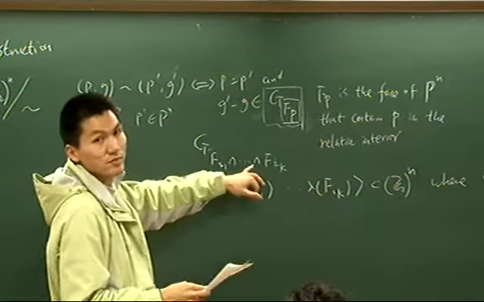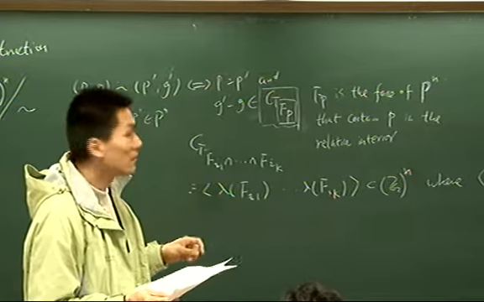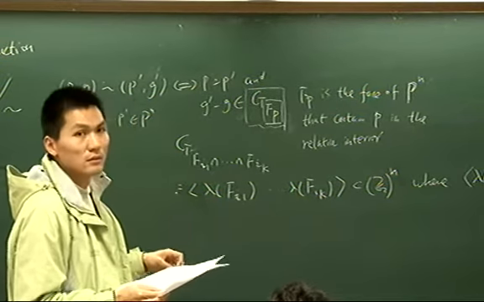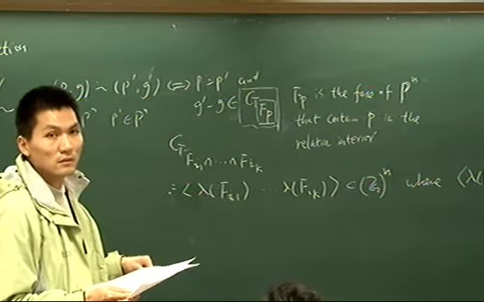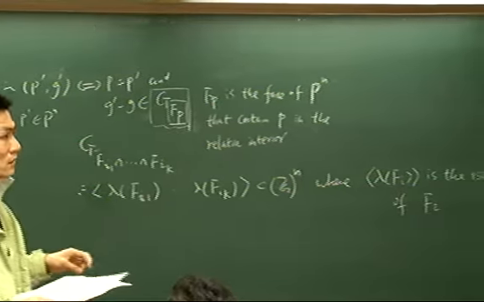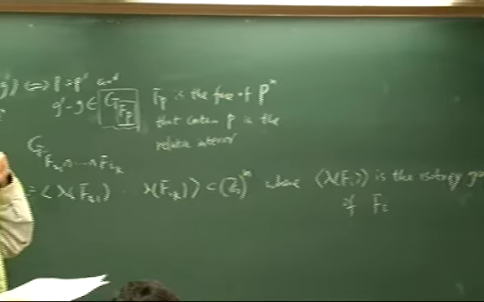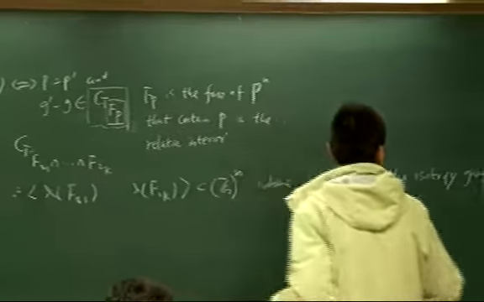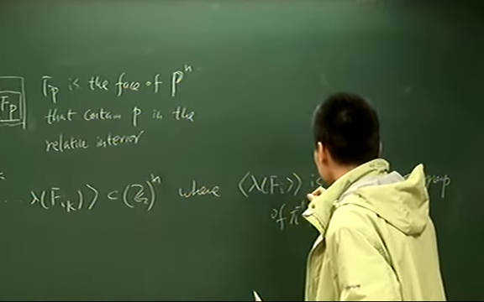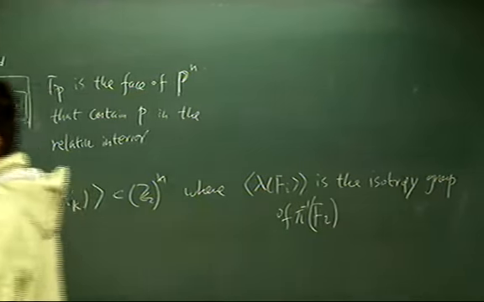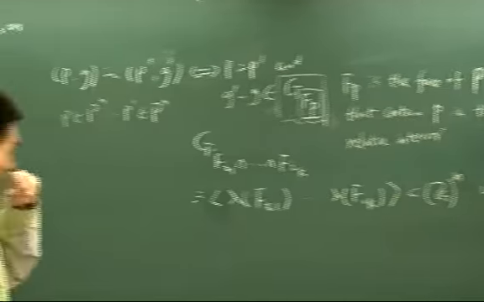So this is the isotropy group of this small face, of the pi inverse of its interior. Because on the polytope, of course, there's no action.